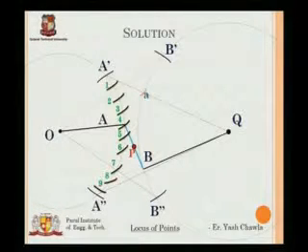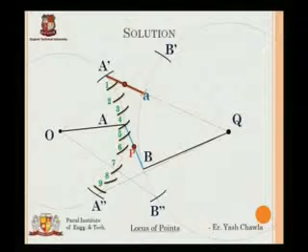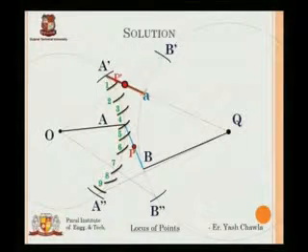I'll mark it as point B, and then I'll draw my A dash B, which is the position of the connecting rod when my crank OA is positioned at A dash, and then I will mark the midpoint of this position of the rod. I'll name it P dash.